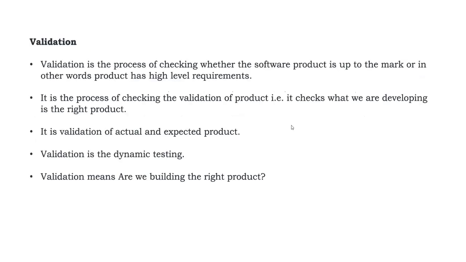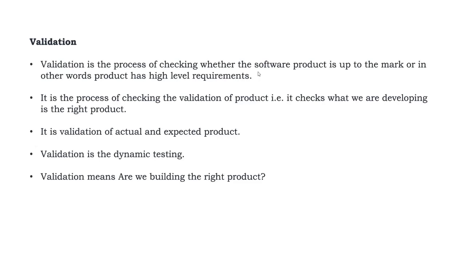Let's move on to validation. Validation is the process of checking whether the software product is up to the mark, or in other words, whether the product meets the high level requirements. For example, you have the requirement now, and now it's the QA's turn to validate the application.